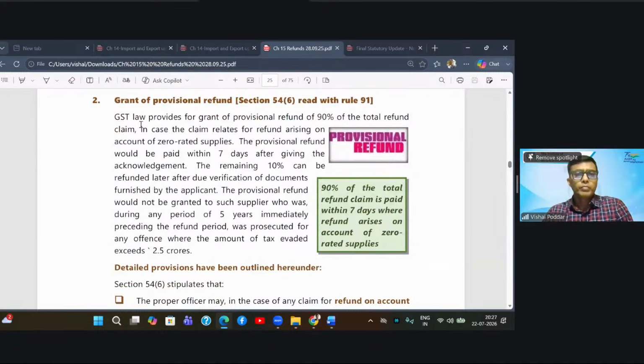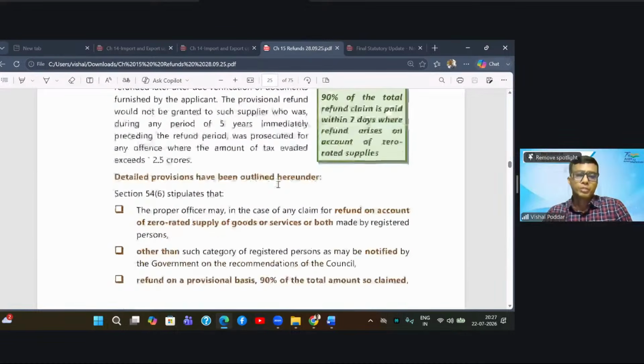Now, wherever you want refund, there is a provision for grant of refund, which says that GST law provides for grant of provisional refund of 90% of your total claim in respect of your zero rated supplies, and the provisional refund would be paid within 7 days after giving acknowledgement. Remaining 10% will be refunded after due verification.